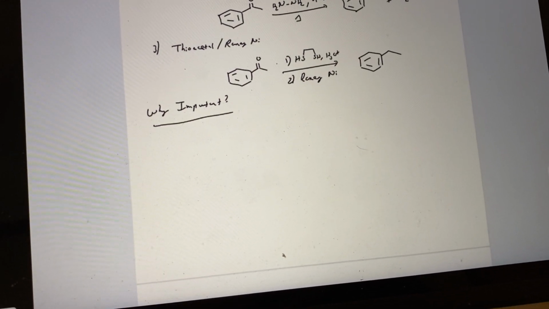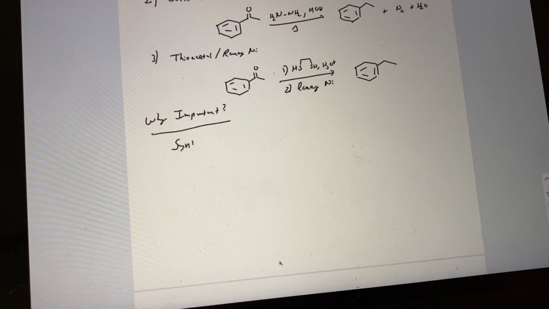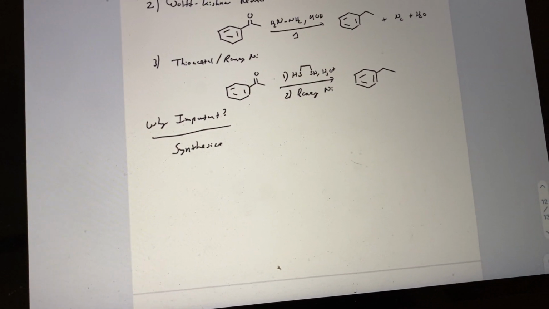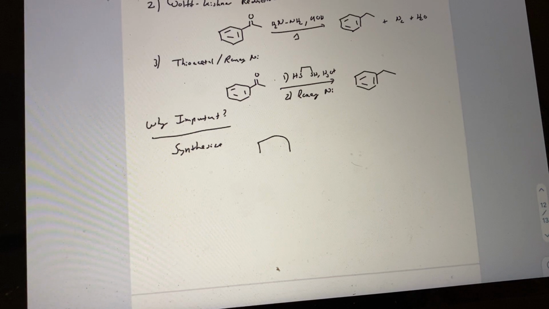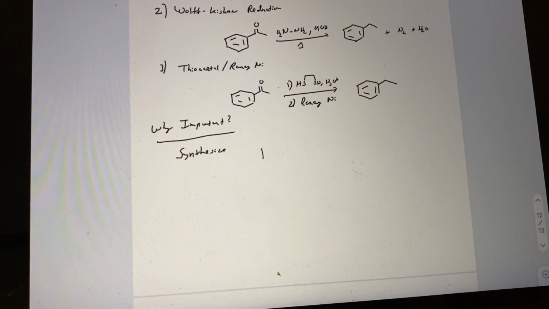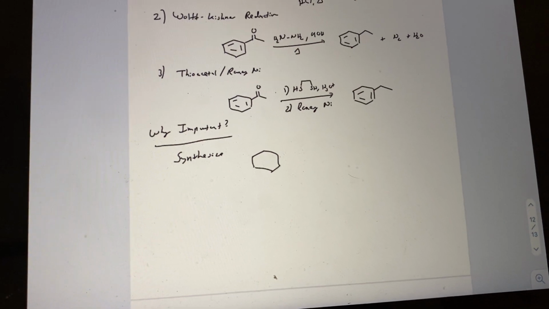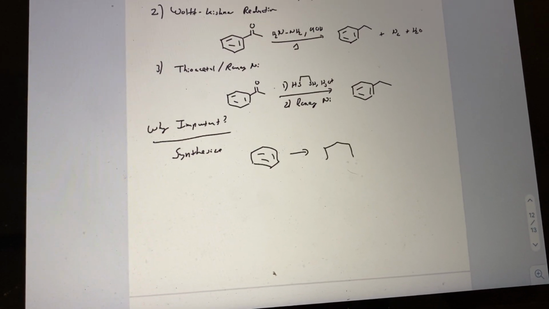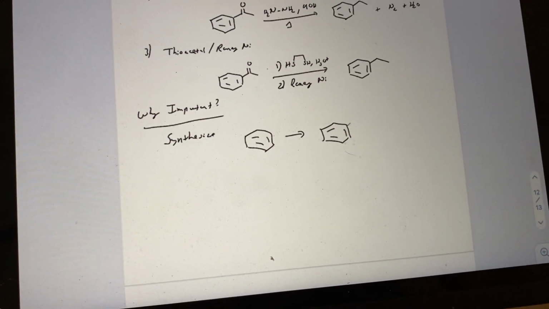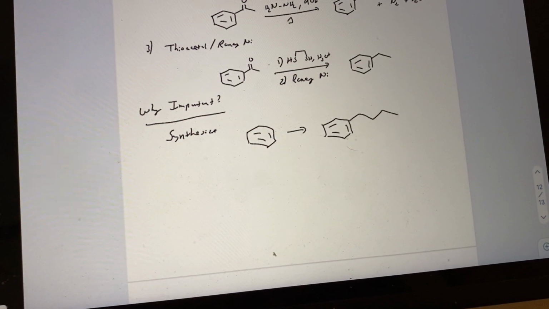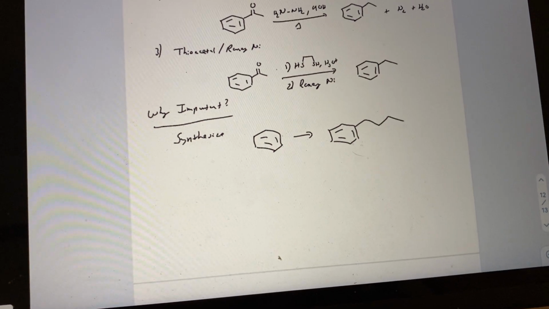Imagine the goal is to synthesize, starting with benzene, butyl benzene. We want to add 4 carbons. So that's the challenge.